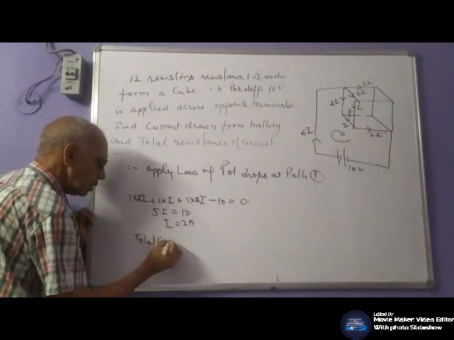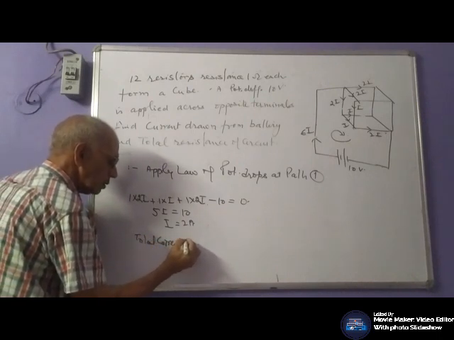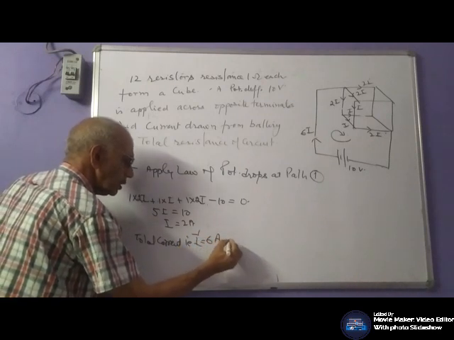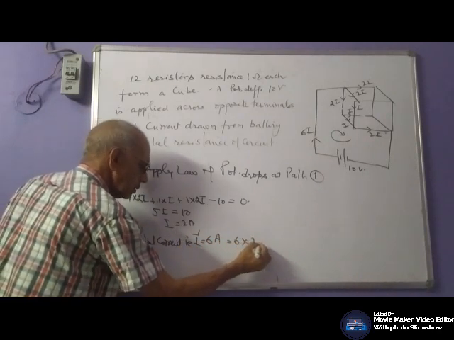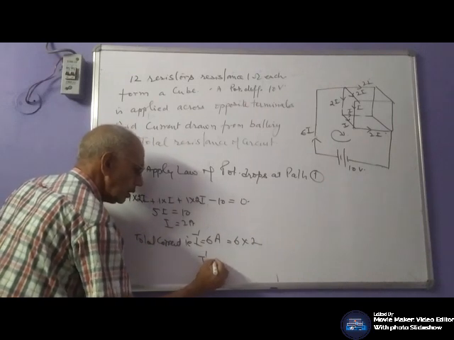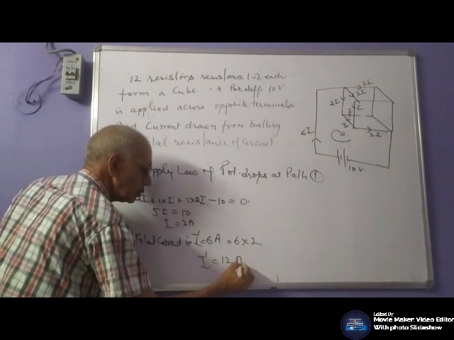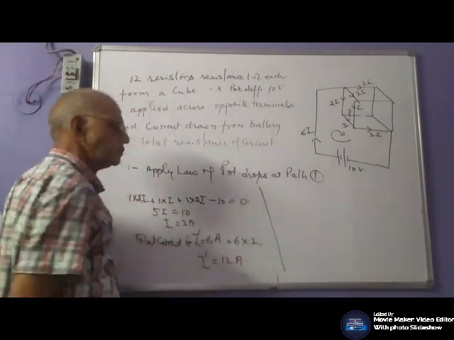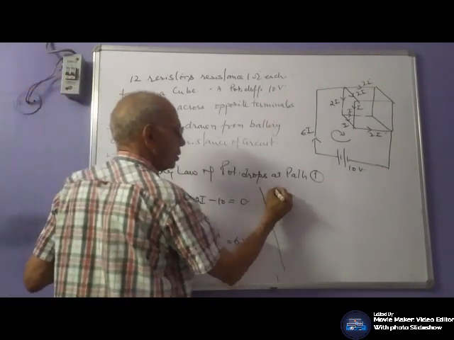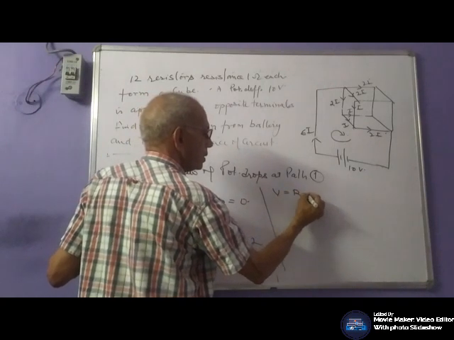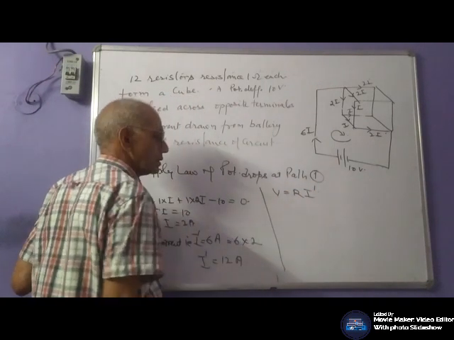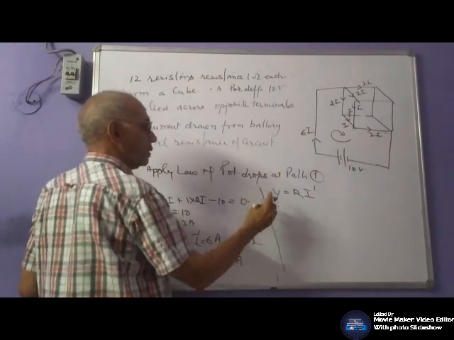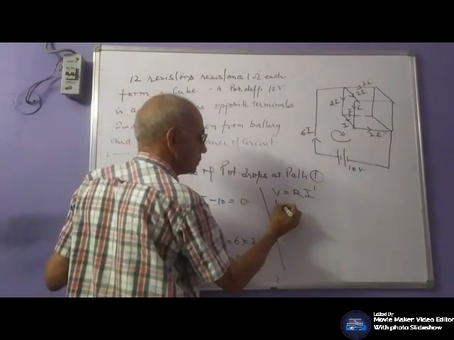Total current, that is say I dash 6 ampere. I dash 12 ampere. V R I, here R dash, I dash. Total resistance we have to calculate. V is 10.